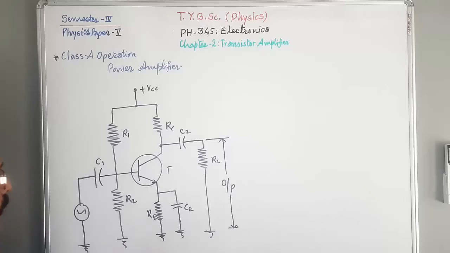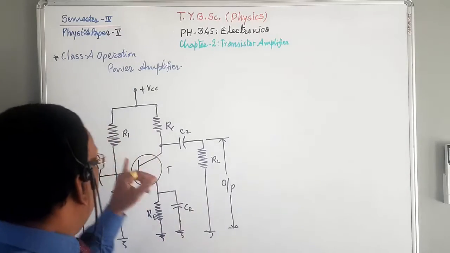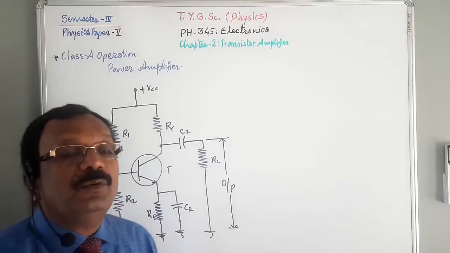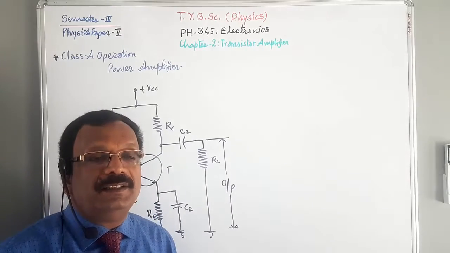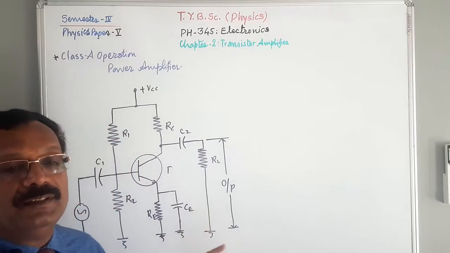In this way, this is a very simple circuit diagram. Here R1 and R2 perform voltage divider base bias action, as shown in this figure.